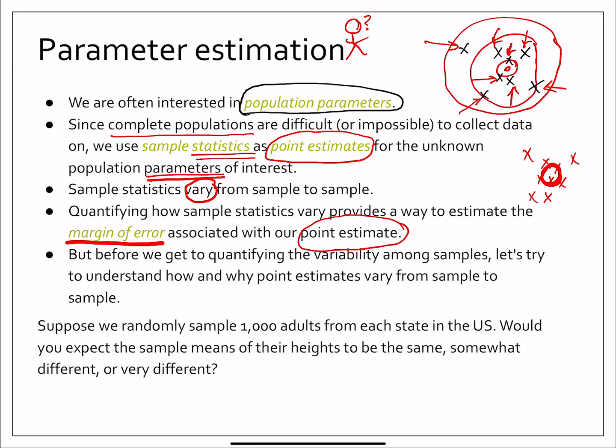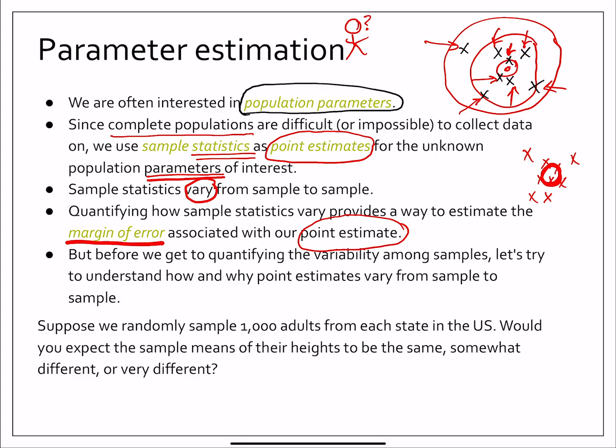And again, the idea is that when we take a bunch of samples and we find information about all those samples, they are leading us closer and closer to the population parameter. And that's basically where we are trying to get, right?